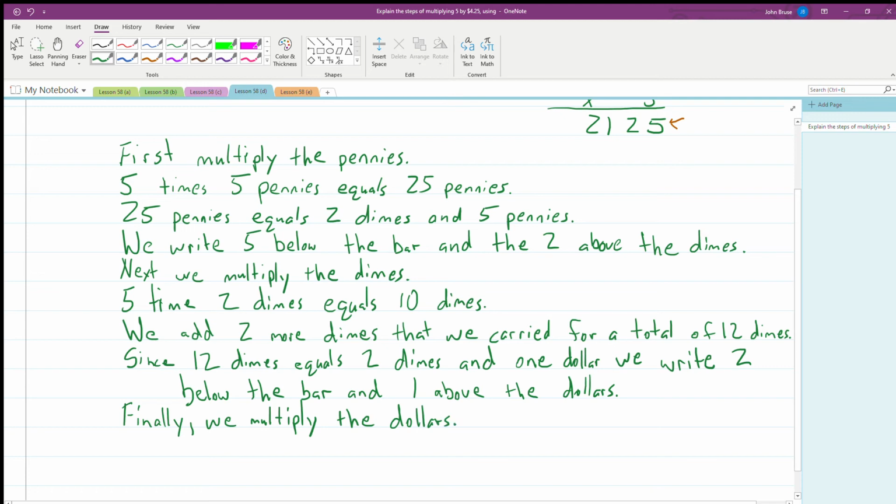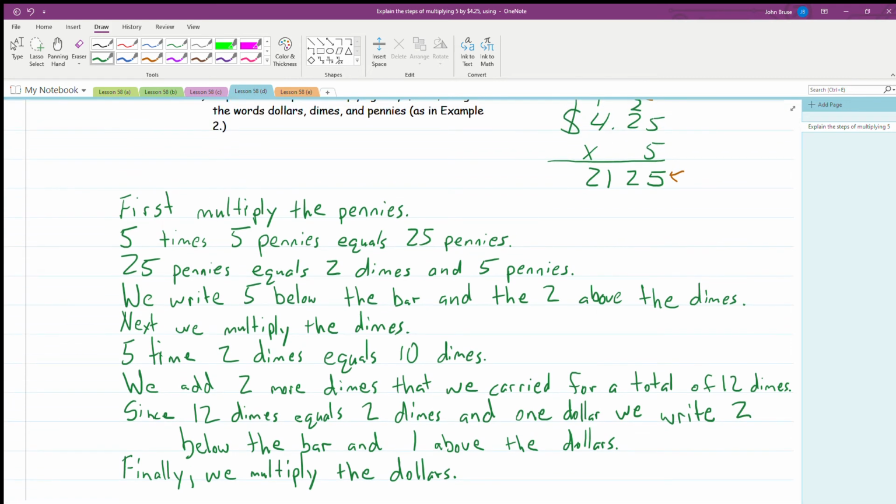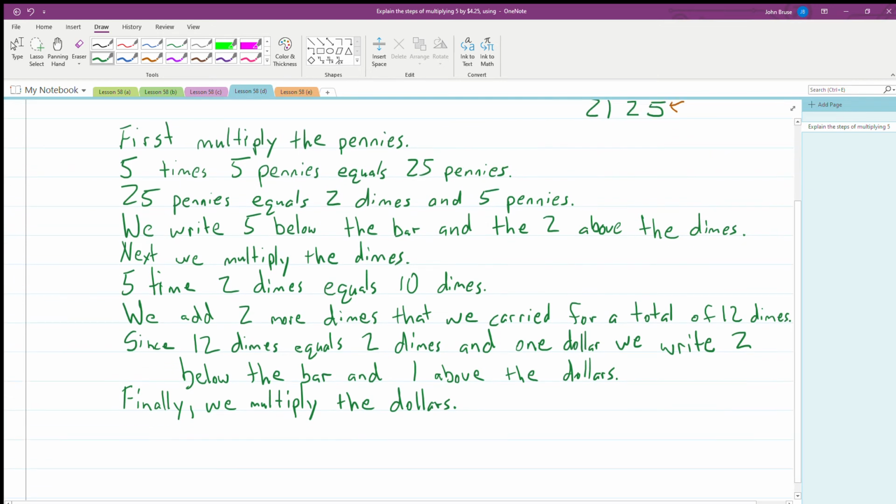And then it says 3 times $3 is $9. Well, that was for $3.75 times 3. Our problem is 5 times $4. So instead of writing 3 times $3, we're going to write 5 times $4 is $20.